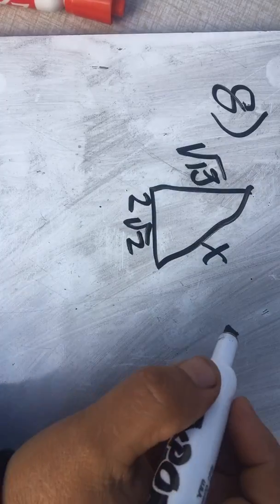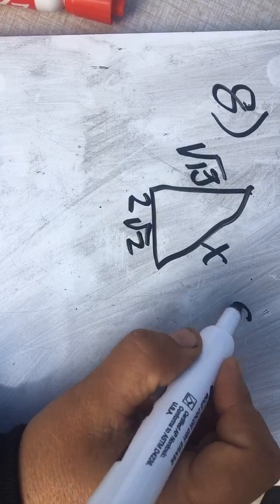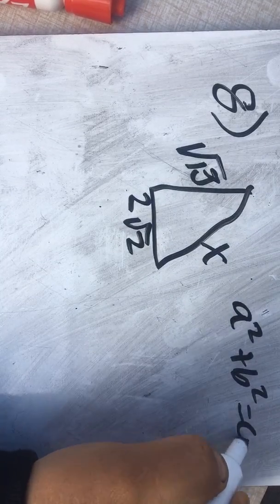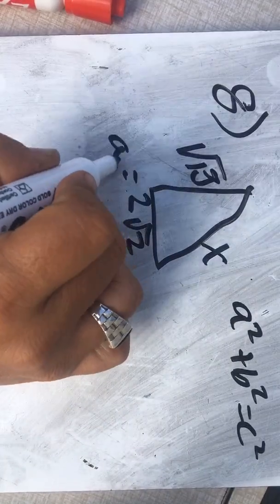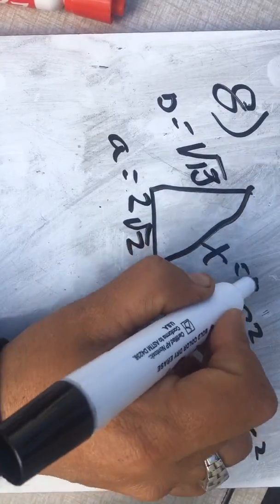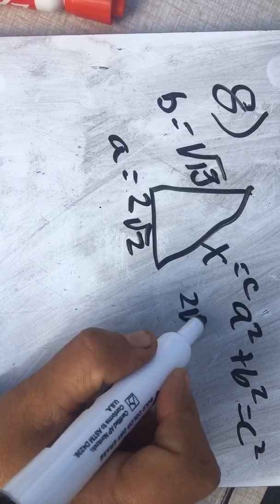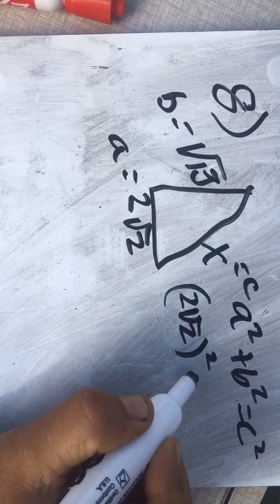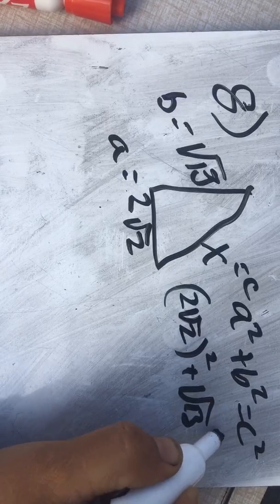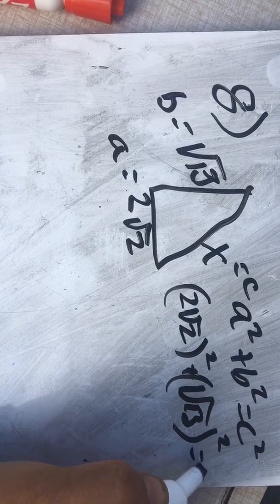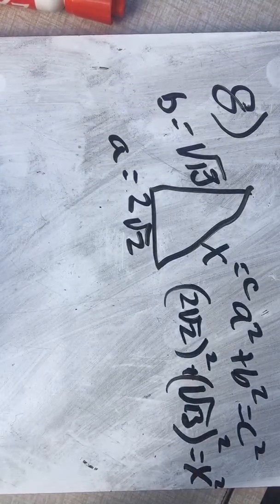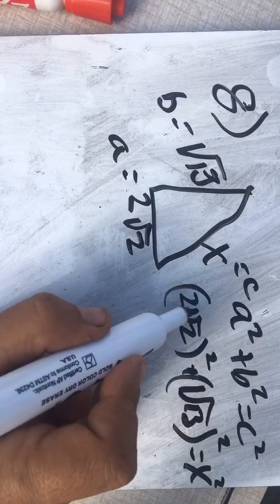Well, this goes back to the basic Pythagorean theorem. A squared plus b squared equals c squared. Again, identify what is my a, what is my b, what is my c. Plug that in accordingly. So I have 2 radical 2 squared plus radical 13 squared equals x squared. 2 squared is 4.